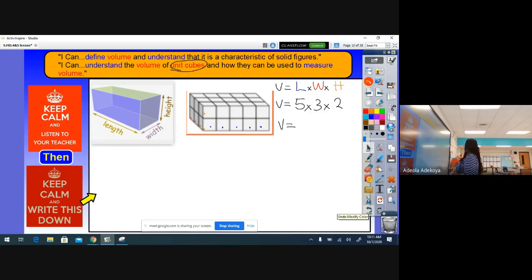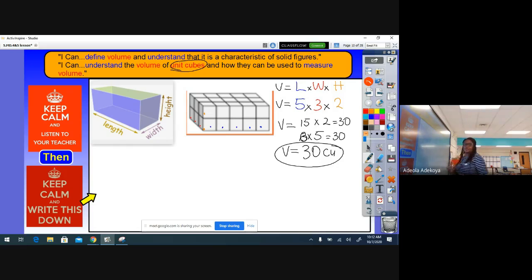All right, so 5 times 3 would give me 15, and then times 2 would give me 30. I can do it the other way around and have my 3 times 2, which would give me 6. And then multiply that by 5, and that will still give me 30. All right, so my answer right here, my volume is 30 cubic units. And that's my volume.